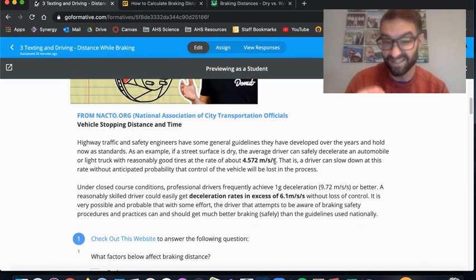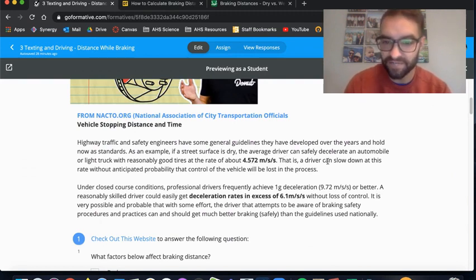There's a couple of pieces: a dry surface, braking safely, and the weight of the vehicle, along with having good tires. If your tires are old and worn, then this will be different. So 4.572 meters per second per second is the rate of deceleration. Another way we could write that is a negative 4.572.